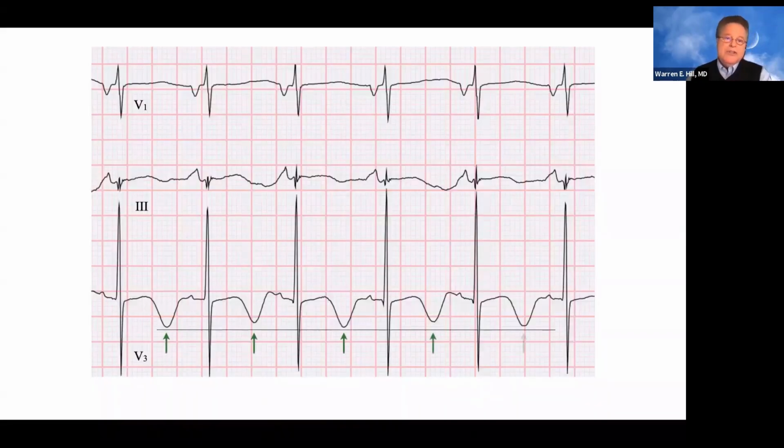Pattern recognition is used in medicine as well. If you think back to when you were a resident or an intern and your attending asked you to identify a rhythm strip, you would look at it and you'd be looking at a pattern. And we had atrial fibrillation and bundle branch blocks, all this sort of stuff. Well, here's a V3 lead from a patient who has something called T-wave alternans.